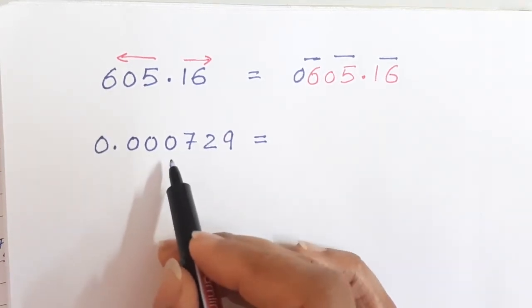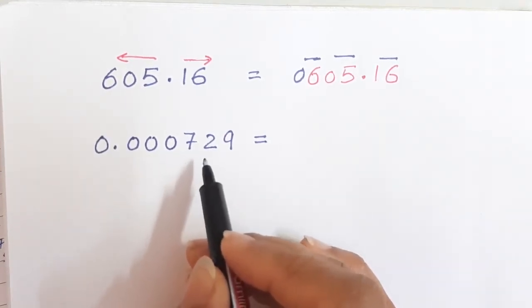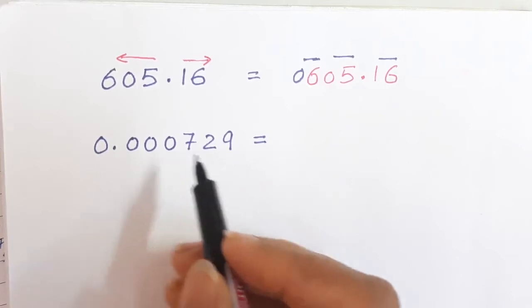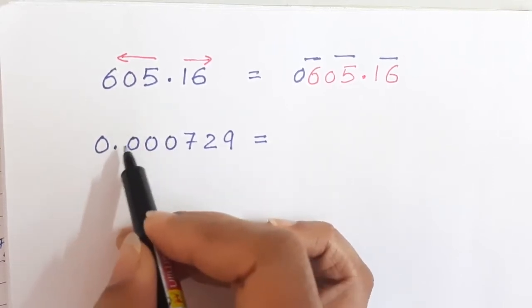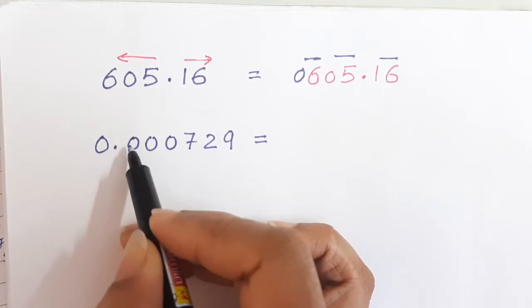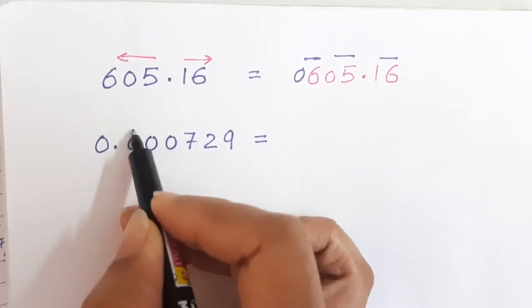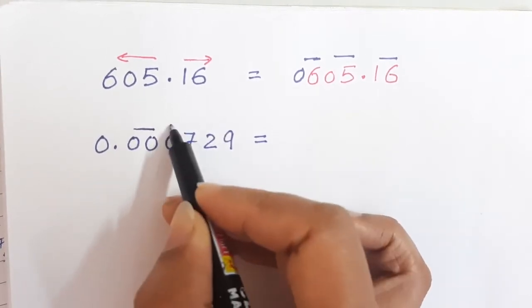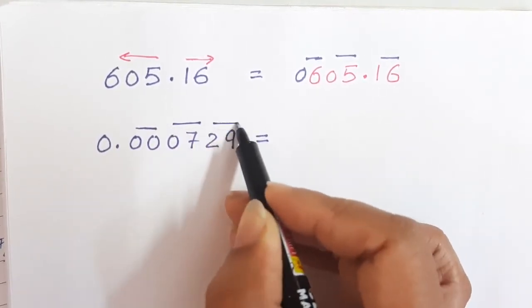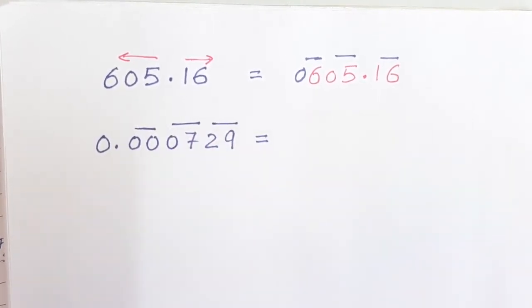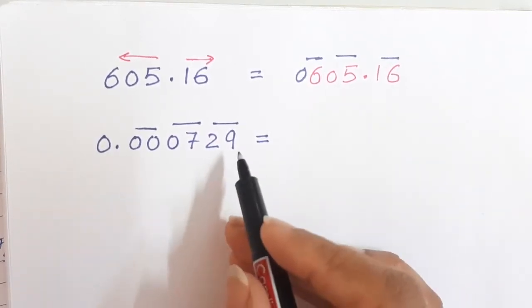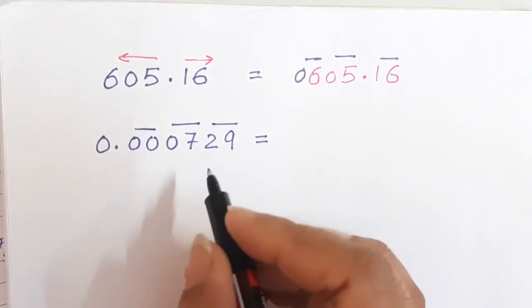Now consider the next case. Here, in order to do the pairing, we'll start from after the decimal, that is from left to right. So first pair, then second pair, then third pair, right? Is it clear?